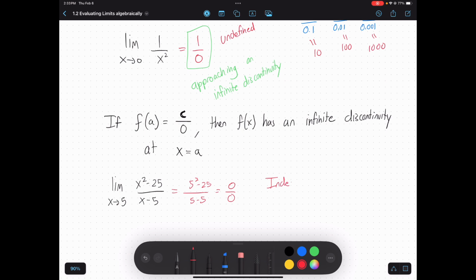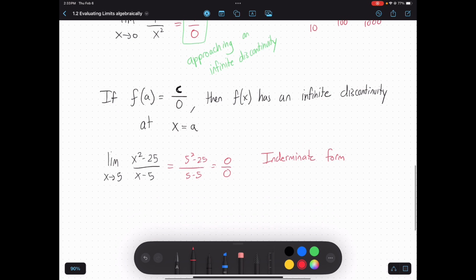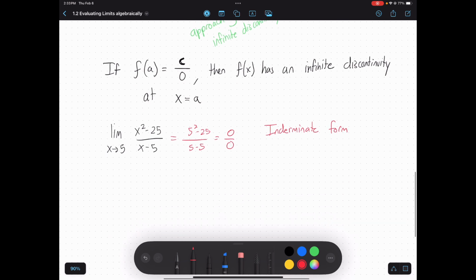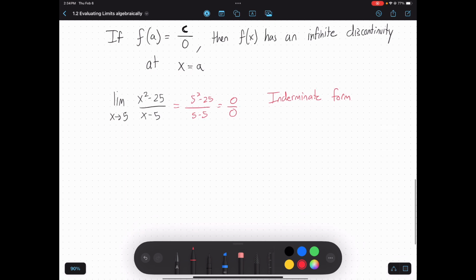This is called an indeterminate form. 0 over 0 is what's called an indeterminate form because if you get this result, it doesn't tell you anything useful besides I need to do some more in order to figure this out. I need to manipulate this formula a little bit more until I get a more concrete result. So what does this tell me? This tells me I need to keep going.